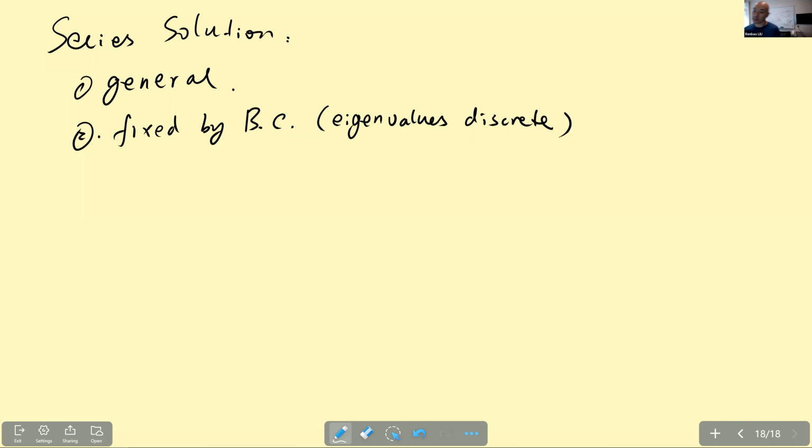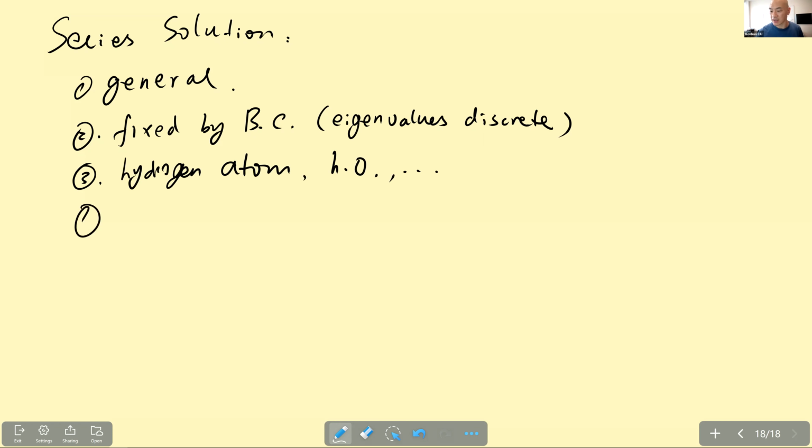And thirdly, this method can be applied to, for example, as we are going to see later on, the hydrogen atom, the harmonic oscillator, many kinds of problems, and actually it's quite general for any PDE.